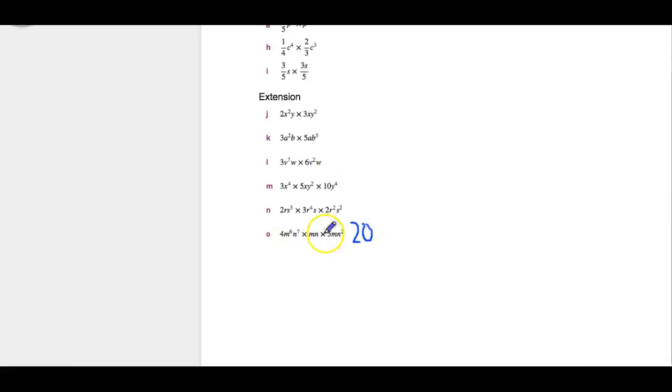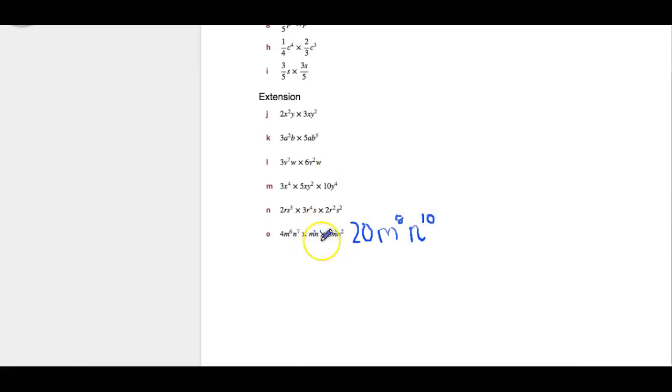Then we'll look at the M's. Now you can write this all out in one go, but I think by year 10 you should be able to skip that step. So we've got 6 here. If it's easier, put the 1. Okay, so that's M to the power of 1 and N to the power of 1, and that's an M to the power of 1 there. So how many M's? There's 6, 7, 8, and then N is 7, 8, 9, 10.